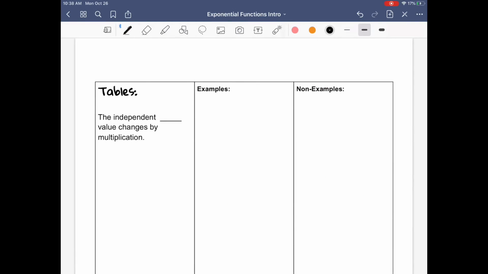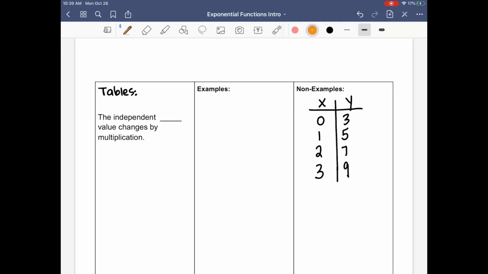And finally, we have our tables. Now, our tables are very important, okay? When we did linear functions, that's when my values are adding by the same amount each time. So I'm going to start with a non-example just as a reminder. If I have a table and I'm comparing how it is changing over time, I'm going to be looking at the amount that I'm adding or subtracting.